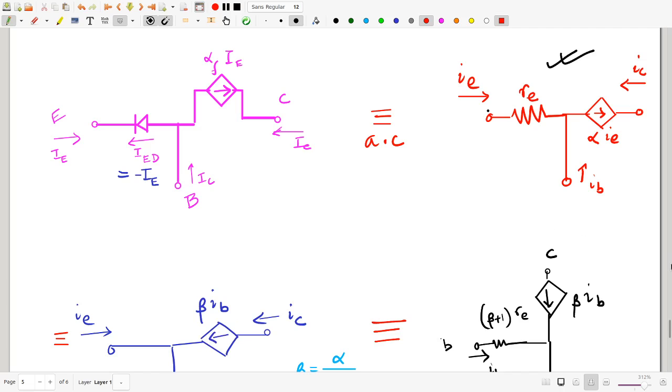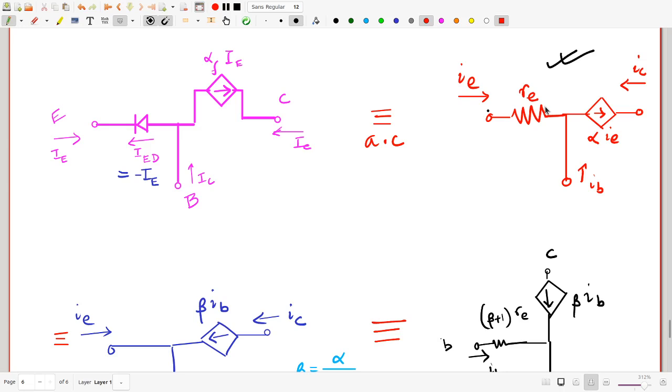The only real difference is you have to replace the resistance which was here by resistance here. Remember, the only thing that this resistance really does is produce a voltage drop between the emitter, which is this point, and the base, which is this point but also this point. So RD essentially produces a voltage drop between the emitter and the base. And whatever equivalent circuit you're talking about should produce the same voltage drop.